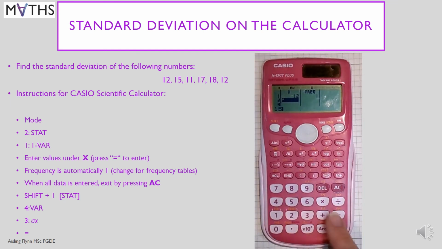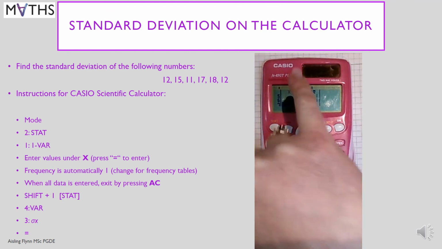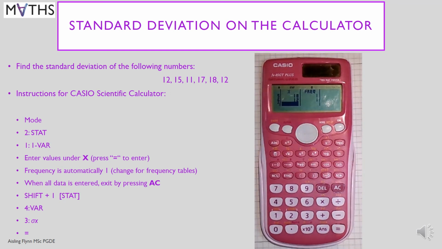Next variable was 15. The next piece of data was 11, 17, 18, and there was another 12. Now, all my data is entered. You can see there we've gone down as far as 6. There's 6 pieces of data entered, and they are stored now in the calculator. Okay. When you go to do it again, you'll just restore new values.